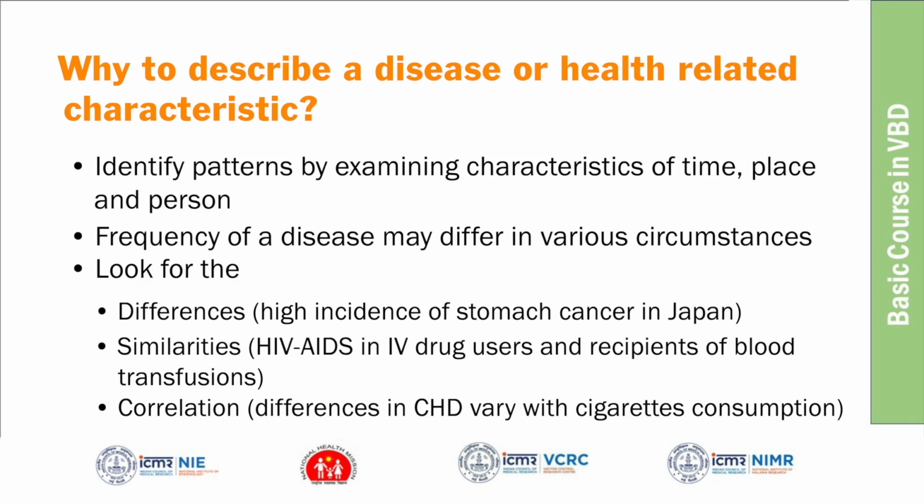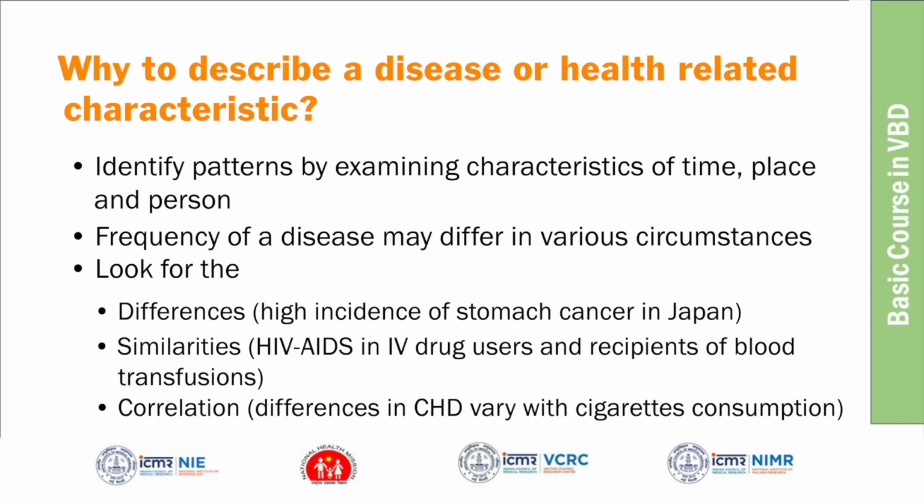So you can observe the difference and report that. Another one is similarities. Among intravenous drug users, we can see a high prevalence of HIV/AIDS, and also among recipients of blood transfusion. These are similar characteristics among those who are getting affected. And the third one is correlation.